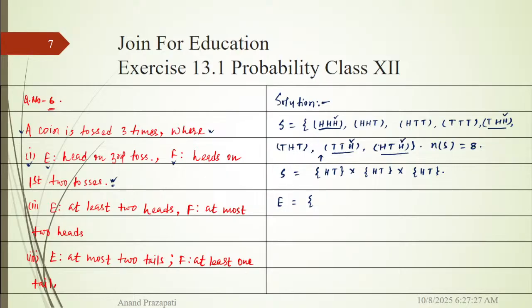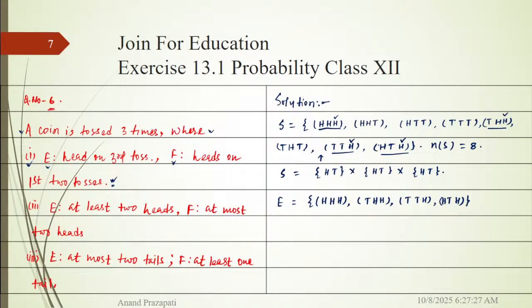Head on third toss, it means 1, 2, 3, 4, so we write down here HHH, head on third toss, and we write down THH, and TTH, and HTH.